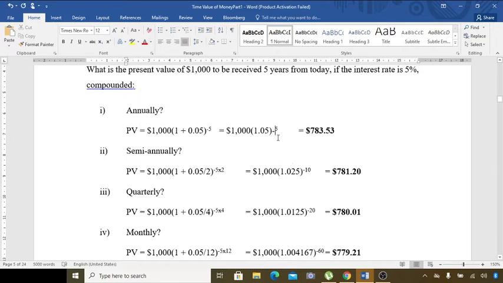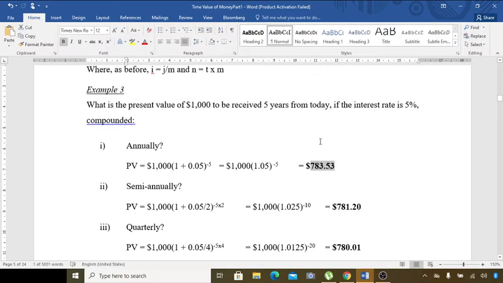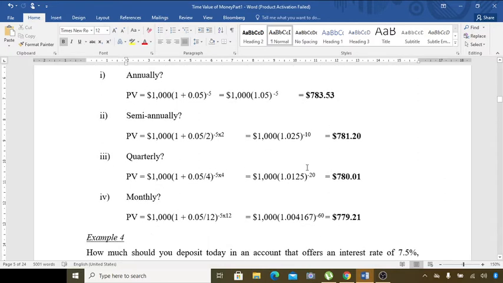So in the first case, it's 1,000 times (1 plus 0.05) to the power of negative 5, remember? Reciprocal. So it becomes 783. So in order to get 1,000 in 5 years' time at an interest rate of 5% for annual compounding, you need to put in $783.53.